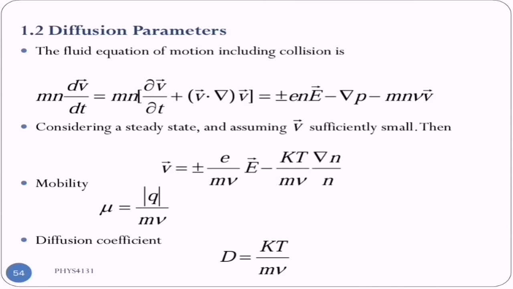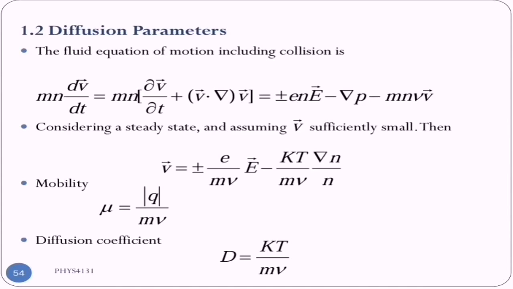Here we consider a steady state in which partial v over partial t is equal to 0. If v is sufficiently small, a fluid element will not move into regions of different electric field and del p in a collision time, and the convective derivative dv over dt will also vanish.